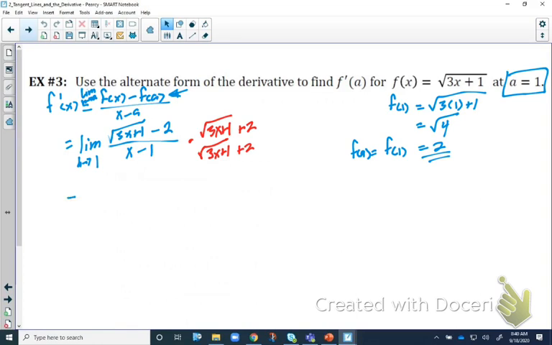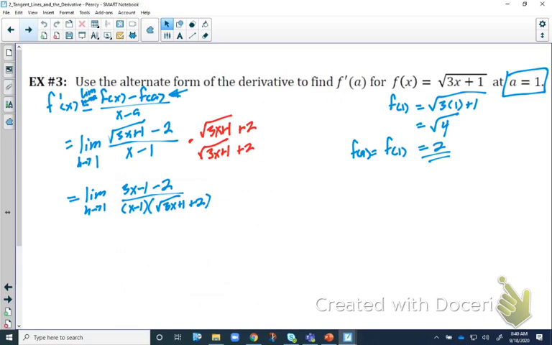So when I multiply through in the numerator, limit as h approaches 1, we're going to get a 3x minus 1 minus 2 over, we're not going to even bother to try to distribute here. We're going to keep everything in factored form. 3x plus 1 plus 2, like so.